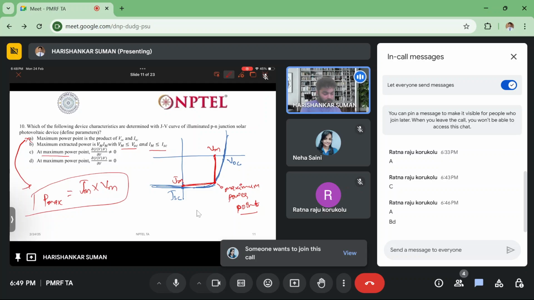And at the maximum power point, the partial derivative of power with respect to voltage will be 0 or not 0. So the answer is B and D. B is correct, obviously we can see from the curve, and at the maximum power point the partial derivative of the power with respect to voltage should be 0.